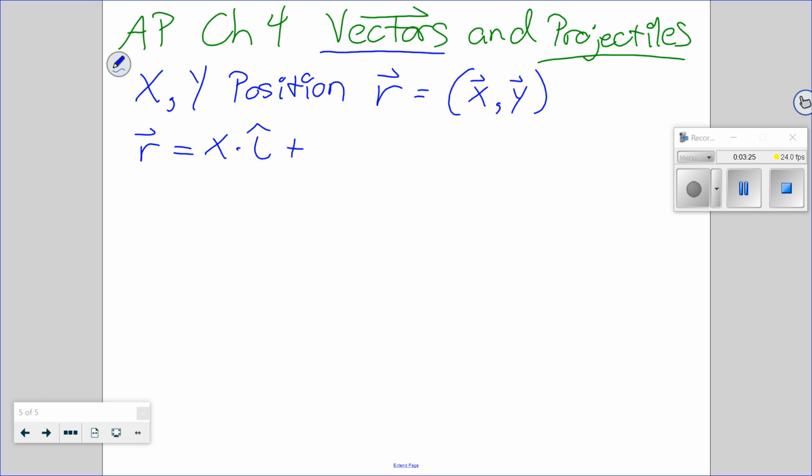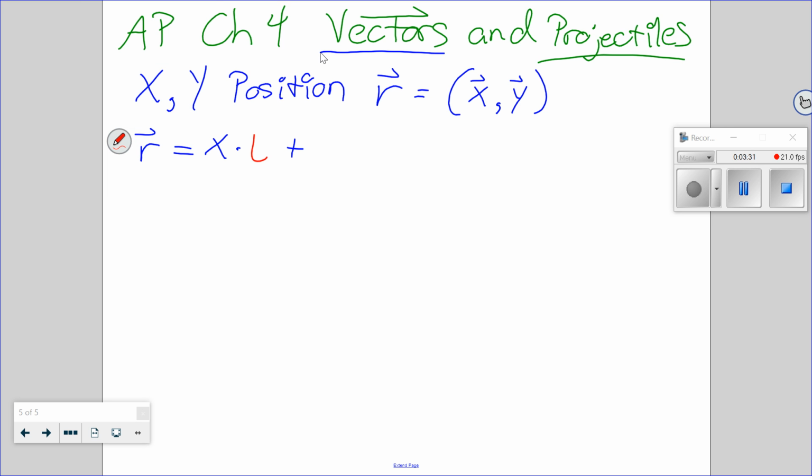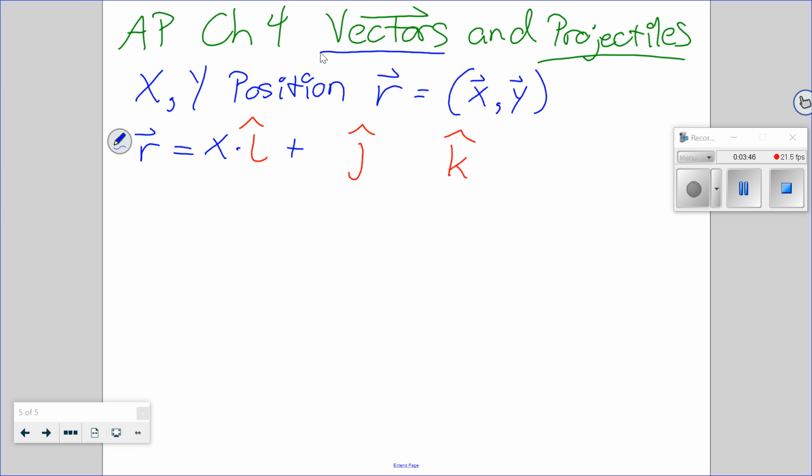Let's make those a different color on these notes because that really helps them stand out. So i with a hat instead of a dot, and we'll do the y with a j. I'm deliberately curving that backwards, and then of course k. I think this is terrible notation. Okay, y times j plus z, if you've got it, times k.